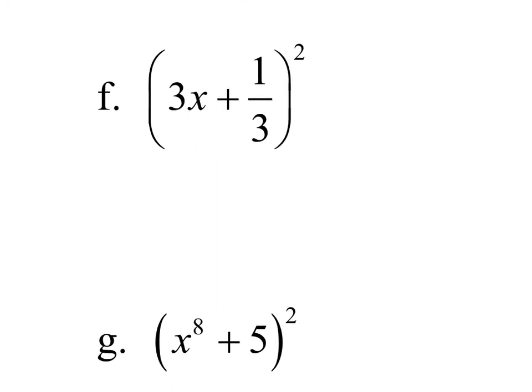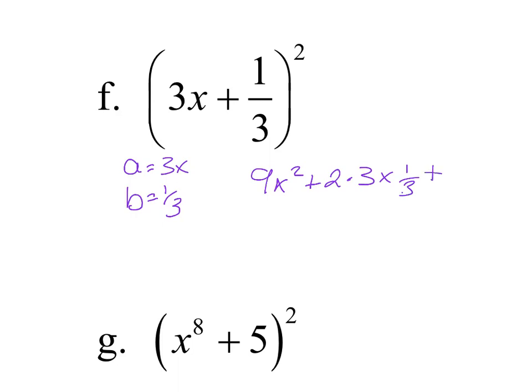Oh, this one's not nice. But it's not horrible, so we'll get to it. All right, so a is 3x. So I have that squared gives me 9x squared because I have to square the 3 as well. And then b is 1/3. So I have 2 times a times b and plus b squared.